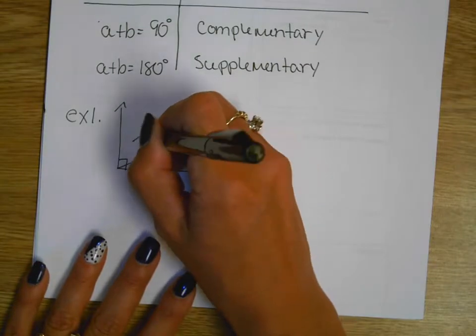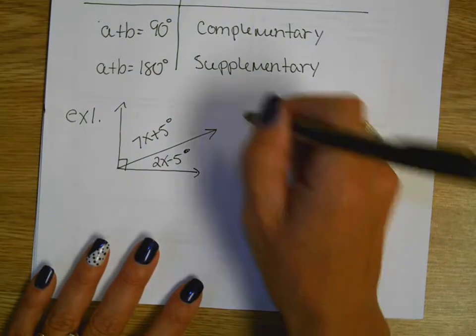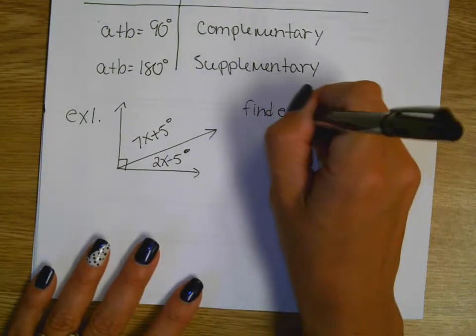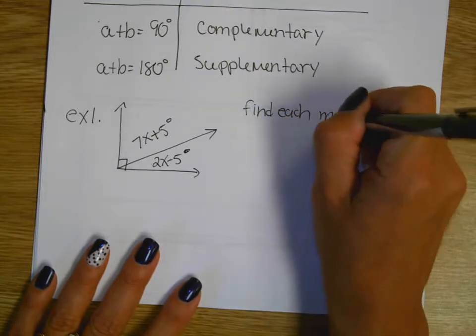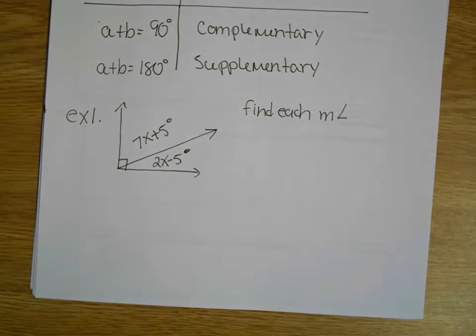This one is 7x plus 5 degrees. Can you find each angle measure there? So your goal is to look at the picture, find a relationship in there, and write an equation, do some algebra, solve it, and answer the question.